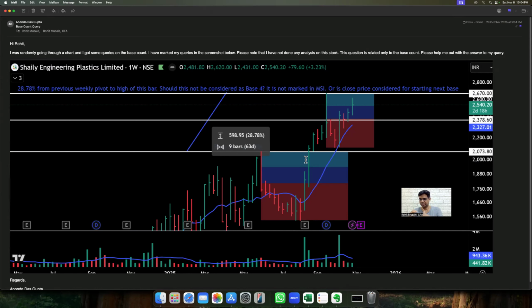But if from base 3 to base 4 it has gone like 20-25%, base 4 could be bought assuming the market is in a confirmed uptrend. And an additional confirmation could be that the stock is fundamentally strong, or at least its fundamentals are not deteriorating.